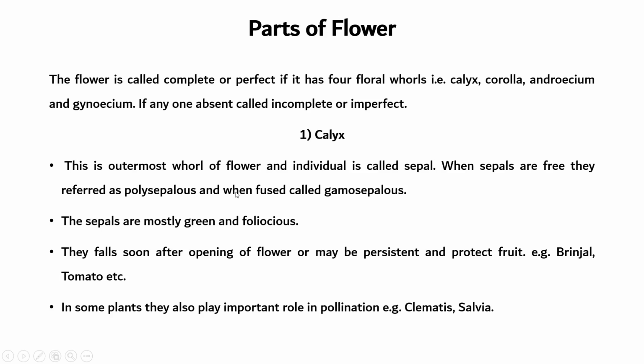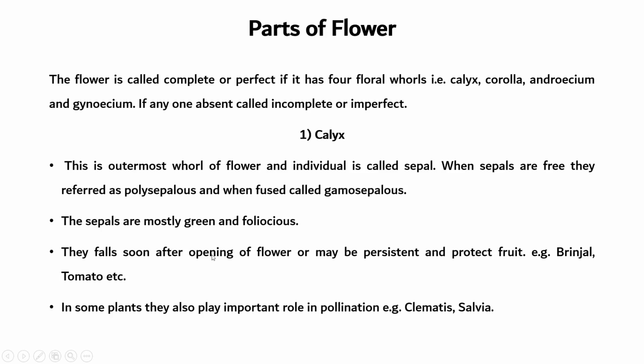And when the sepals are fused, this condition is called gamosepalous. The sepals are mostly green in color. That's why they also carry out photosynthesis and protect the inner whorls in bud condition. And they are leaf-like, that's why there is the word foliaceous.